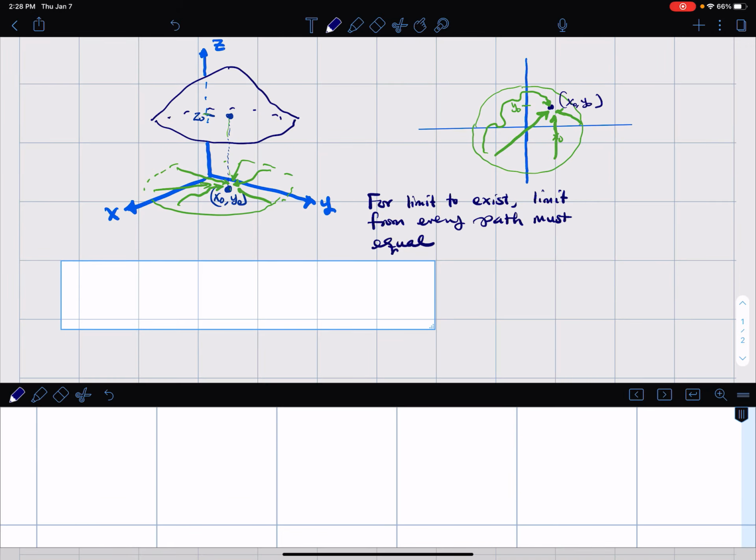But before we do that, let's give a very loose definition of what a limit is. I say loose because I'm making it up as we go.